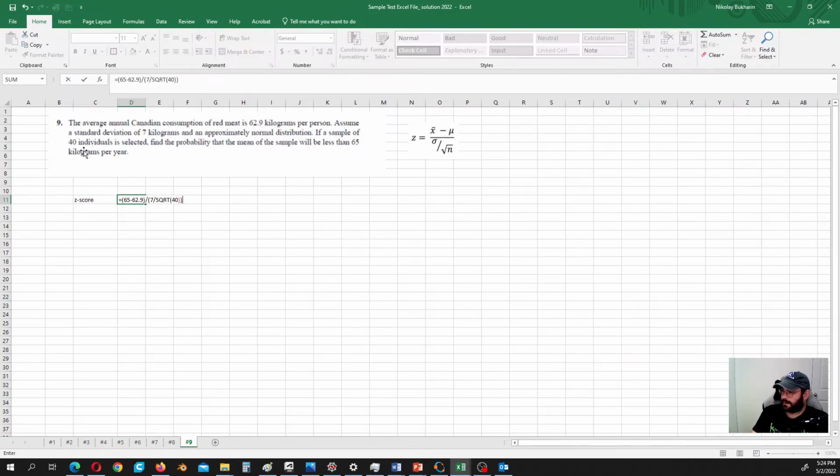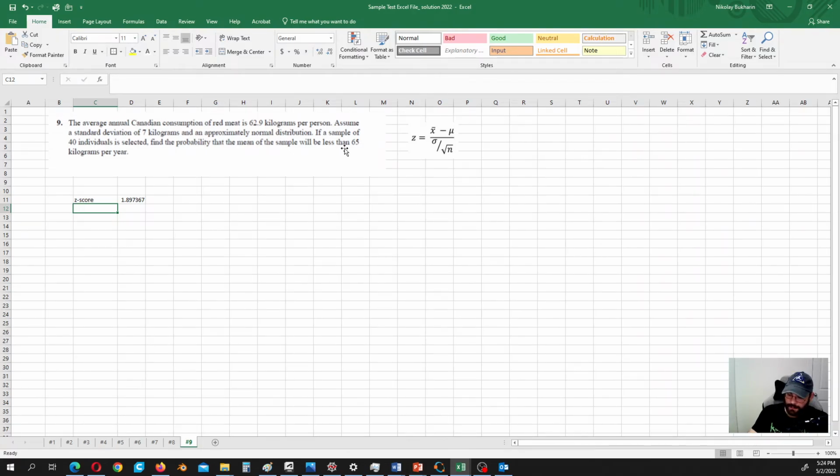Okay, so that's it. And our z-score is 1.897. Okay, and we need to calculate the probability that the mean is less than 65 kilograms per year.